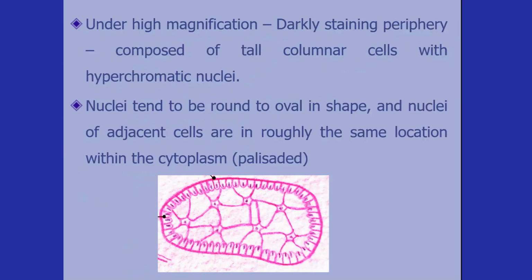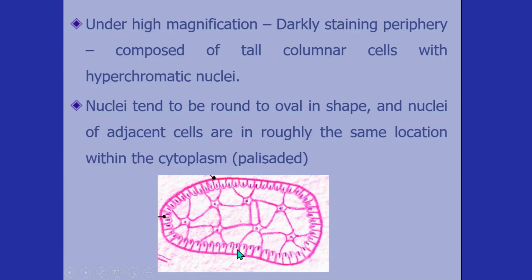Under high magnification, darkly staining peripheral cells can be seen. These are composed of tall columnar cells with hyperchromatic nuclei. What I'm discussing with you right now is the basics of the histopathology, the types of cells which we see. The peripheral cells which you see are tall columnar ameloblast-like cells.